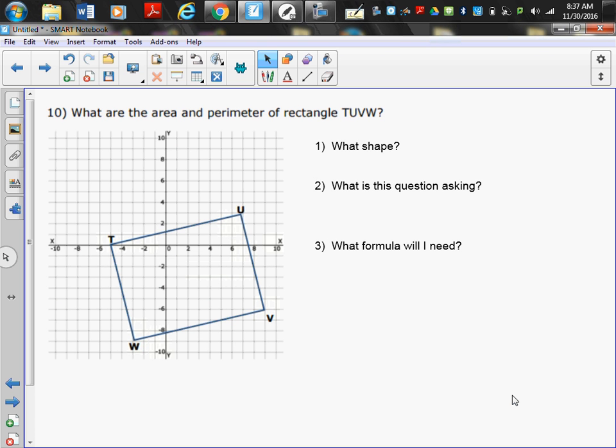So, first thing I'm going to ask, what is my shape? Mr. Mitchell, what shape? Say that. No, hold on. You are correct, but say it loud enough so people can hear you. Rectangle. Rectangle. I agree. It's getting sloppy again. All right. Number 2. What is this question asking me to find?